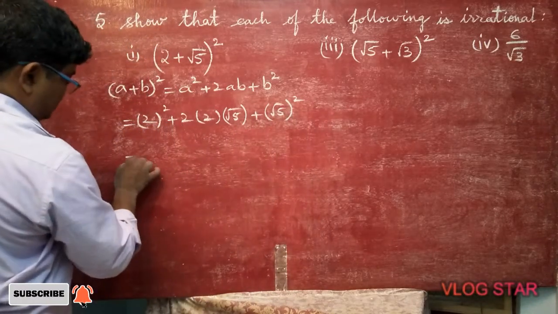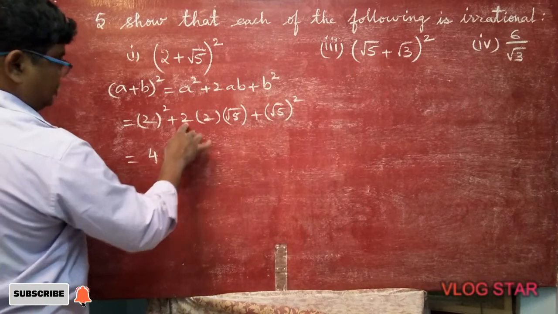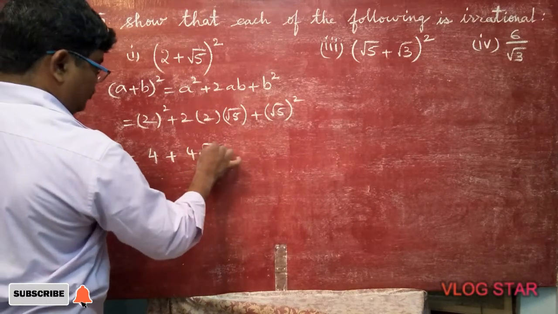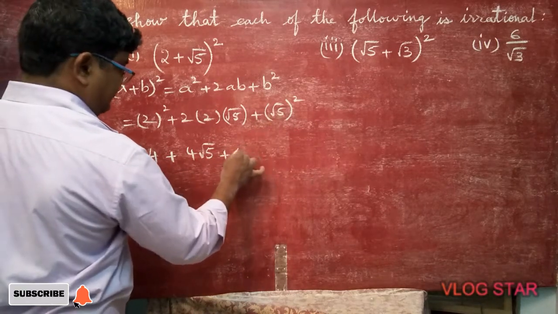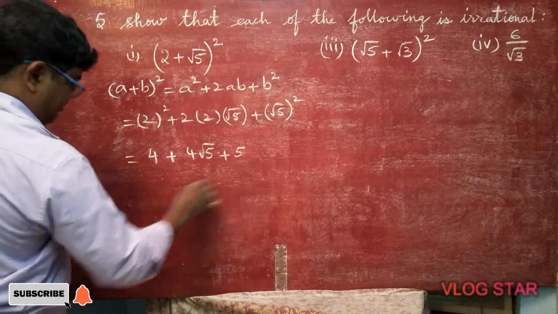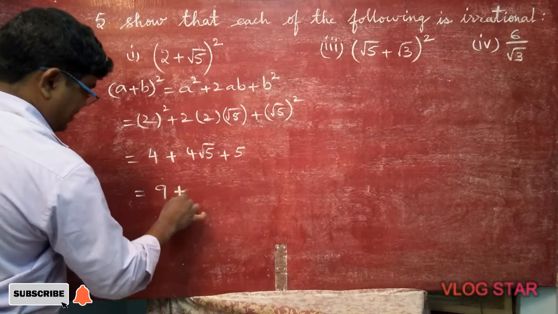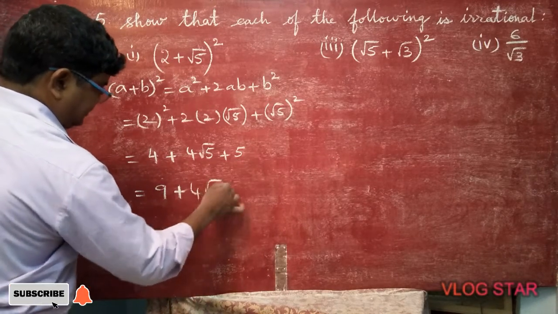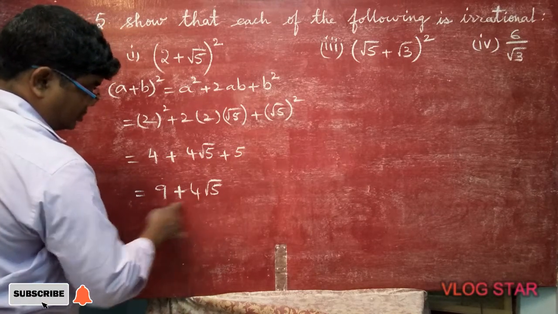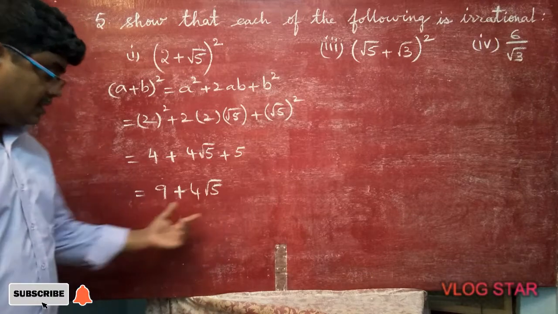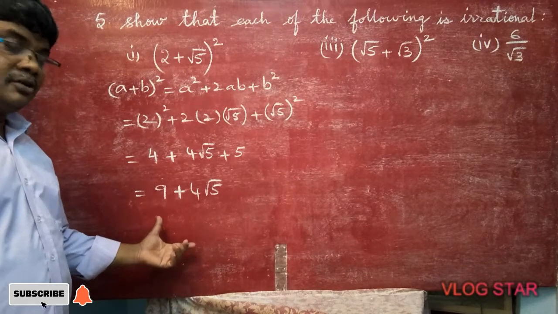Now 2 2s are 4, plus 2 2s are 4 root 5, plus root 5 into root 5 is 5. 4 plus 5 is 9. 9 plus 4 root 5. Now here a rational number and an irrational, so it is irrational. If one irrational is there, the complete expression is irrational only.